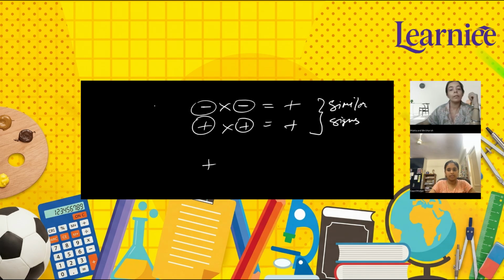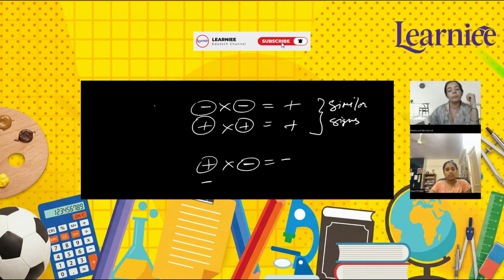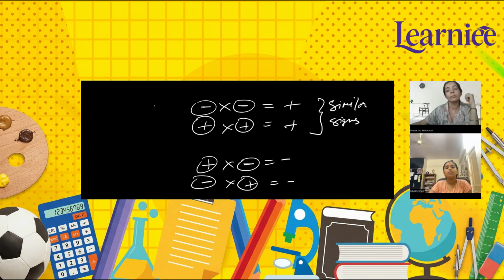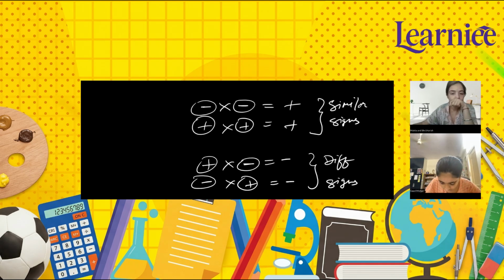But if you multiply different signs together, you get minus. If you want to write these rules of integers, you can write them. Whenever we multiply two similar signs, we get plus. When you multiply two opposite signs, you always get minus.